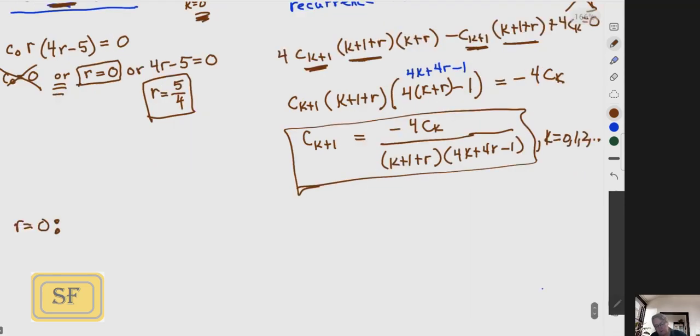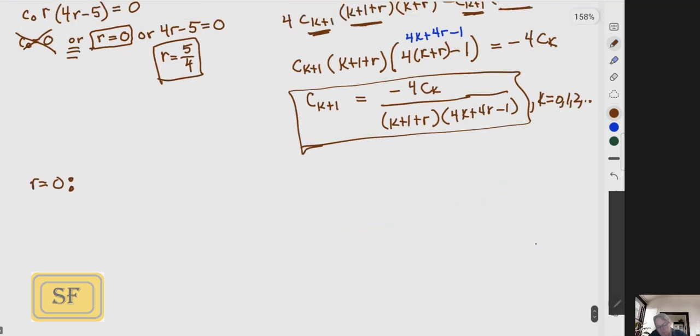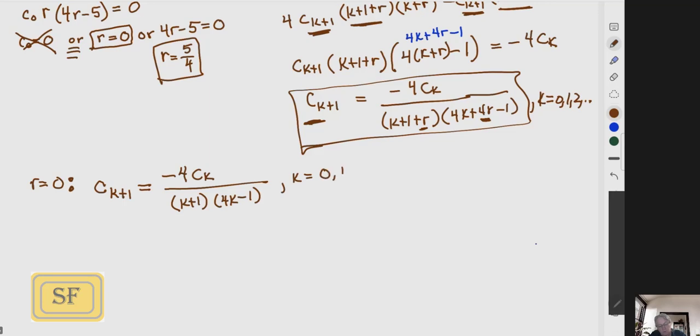When r is equal to 0, our recurrence relation is going to be c sub k plus 1 equals negative 4 c sub k divided by, and r is 0, so those r terms will drop out, k plus 1 times 4k minus 1. And that's true for k equals 0, 1, 2, and so forth.